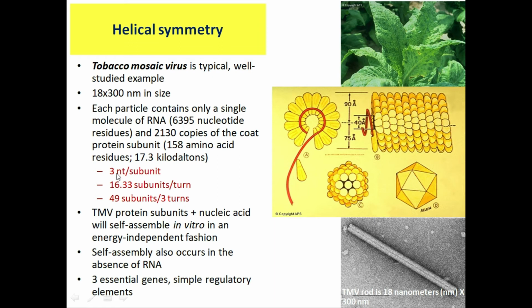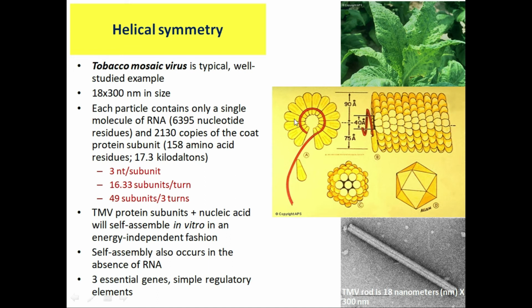We have on an average 3 nucleotides with each subunit in close interaction. Then per turn, one turn of nucleic acid, we have 16.33 subunits. So how many? 1, 2, 3, up to 15, and 1 here, 16, and it is actually 16.3 subunits in one turn of nucleic acid.